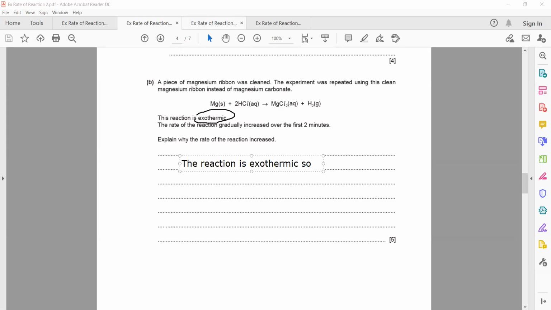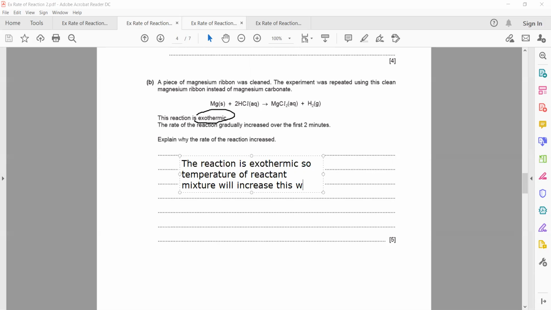So what happened? The reaction is exothermic. So energy is given out, and the temperature of the mixture will increase.